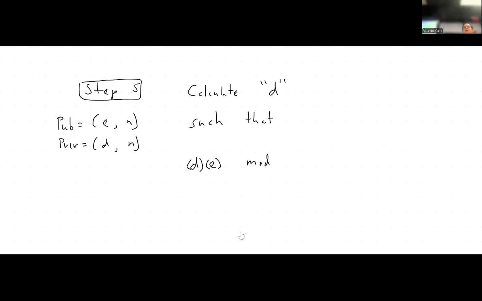We saw this last Thursday. So D times E mod phi should equal, this is an equal sign, 1.